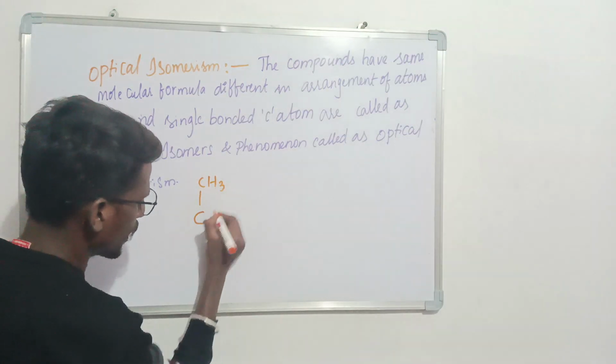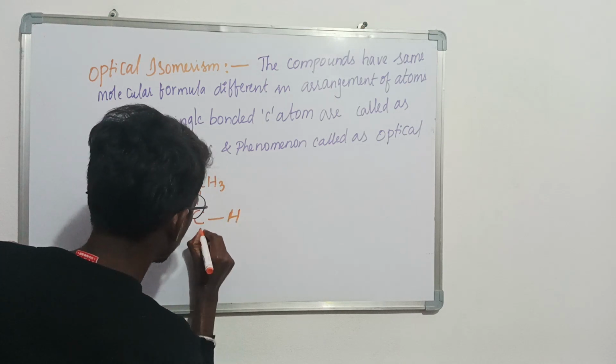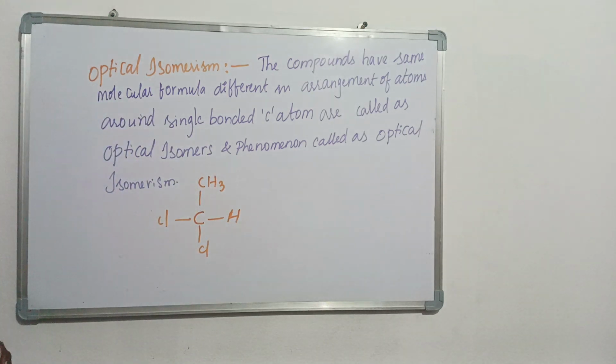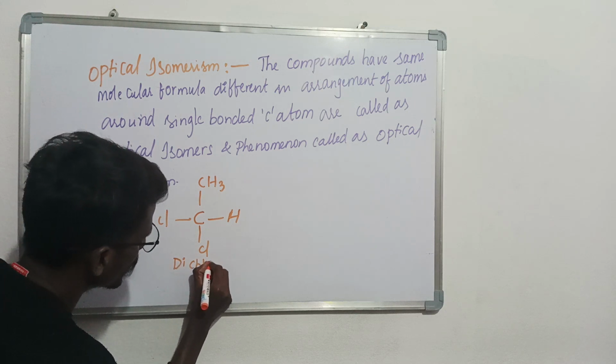So for example, we'll see one example: CH3, H and chlorine. This is dichloroethane.